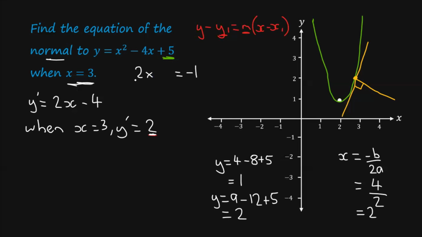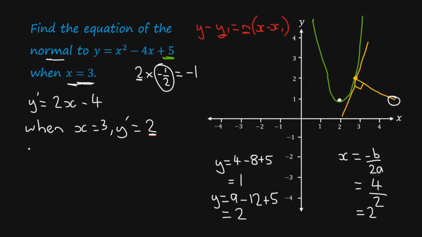That's the gradient of the tangent, and we need a number here to get -1. The answer is -1/2, so 2 times -1/2 equals -1. And so that's going to be our value for m, because that'll give us the equation for the normal.